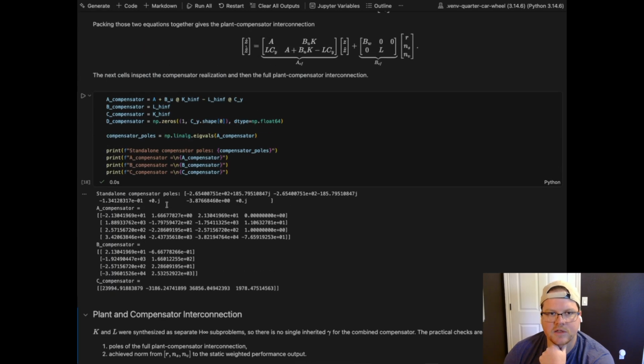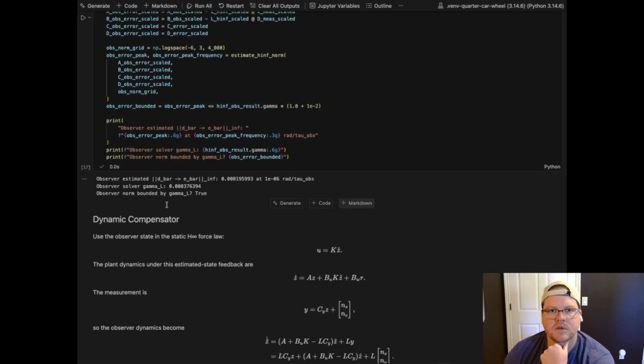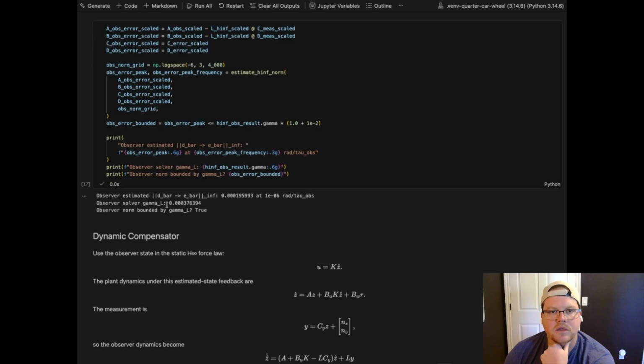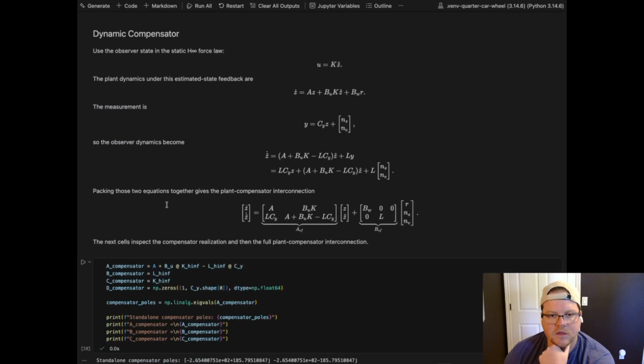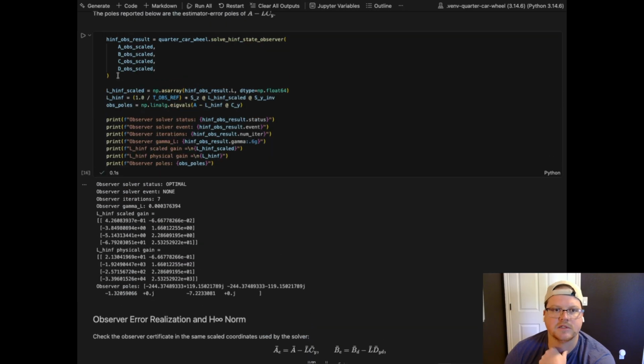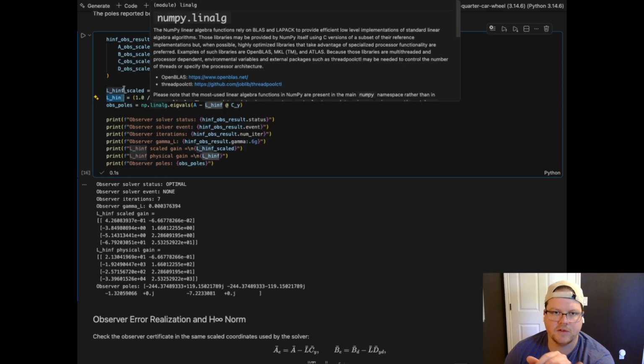And again, this is in physical units, right? Let me just double check. Yes, because we're pulling it back here. So that's our L H infinity, in physical units.